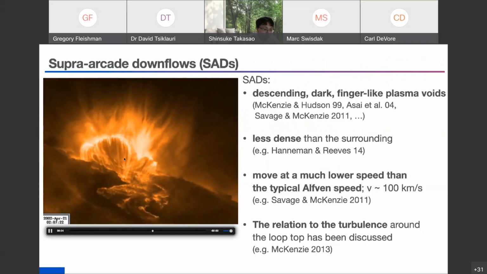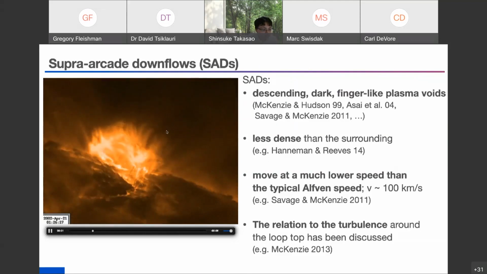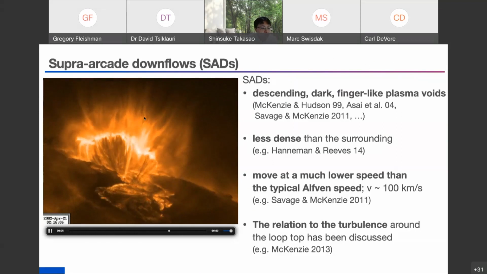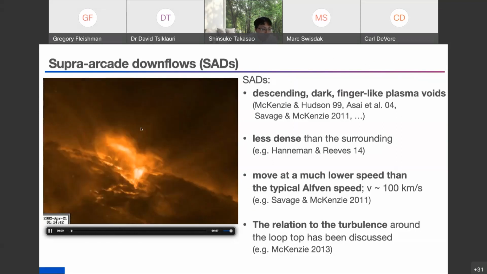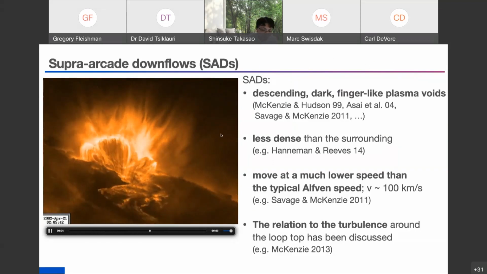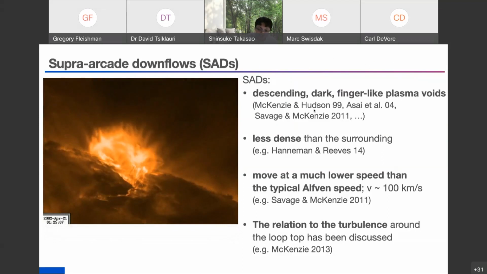We have a growing flare loop here, and we see downward dark voids penetrating these bright regions. These are called SADs. SADs are descending dark finger-like plasma voids.